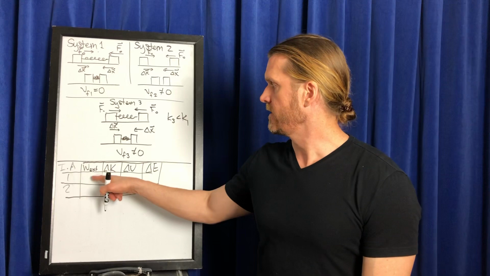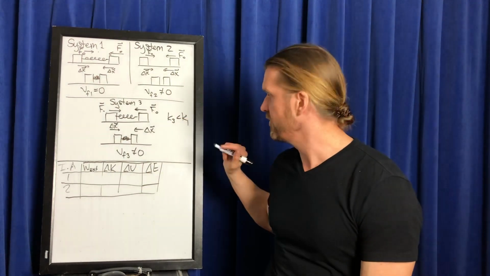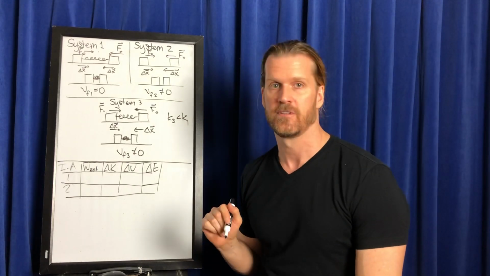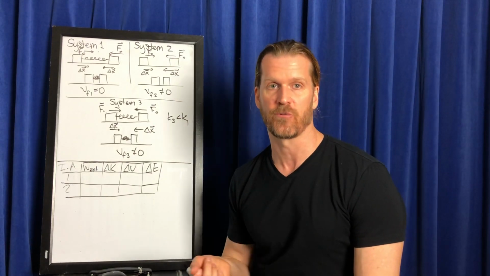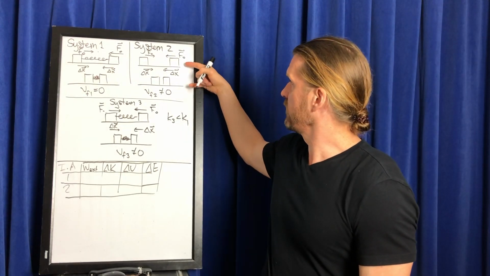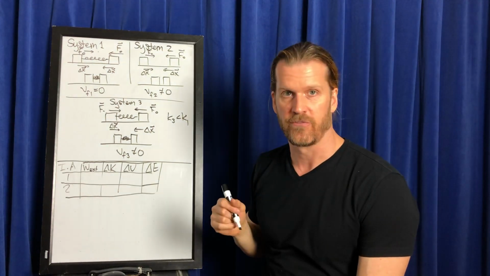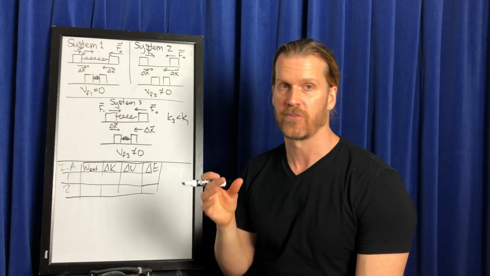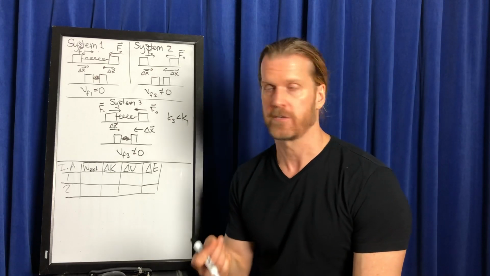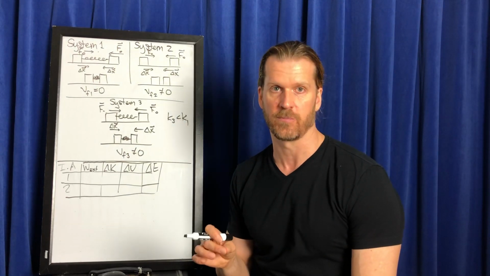Now, the first thing to notice is that because of the definition of work, all 3 of these systems have the same amount of external work done on them. That's because for all of these, there's the same amount of force, F0, pushing over the same distance on each block. And for each block, the force is in the direction of the displacement.